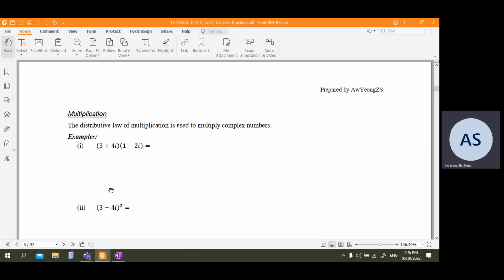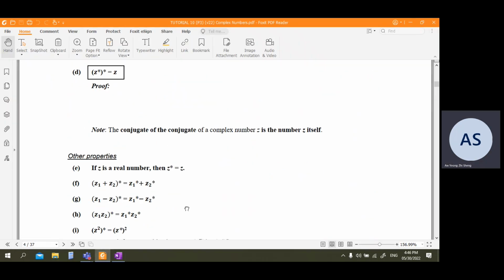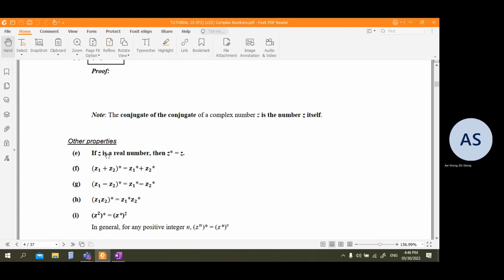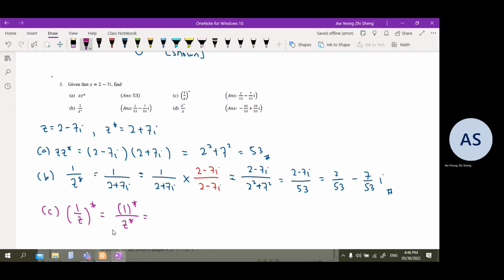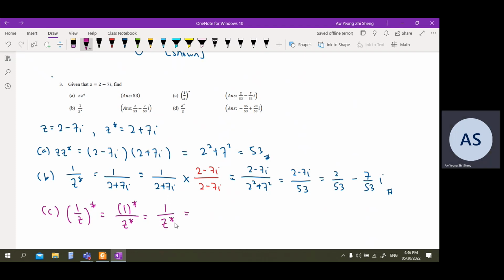So from the property E on page 4, if something is a real number, then when we apply star to it, it's unaffected. So 1 is a real number that doesn't contain any i. When we apply star to it, it remains as 1. 1 over z star, and then what is 1 over z star? It is the same as part B. And so we can just take the result from part B, 2 over 53 minus 7 over 53 i, and done. So here we can just use part B.